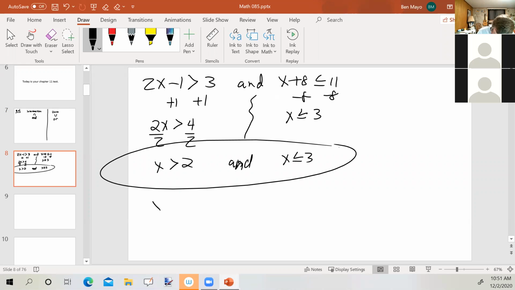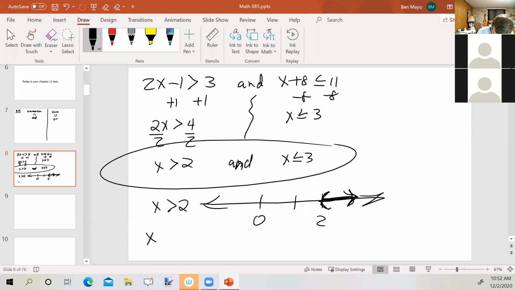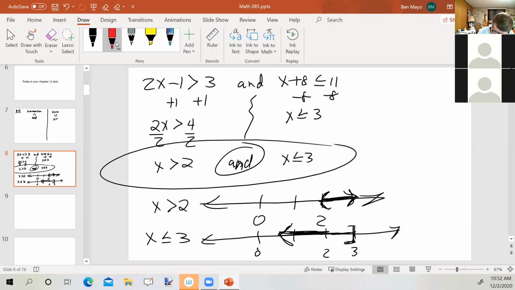Now, x greater than 2, the graph of that would be what? Parentheses, arrow going to the right. X less than or equal to 3, the graph of that would be a bracket on 3 with an arrow going to the left. But we want the intersection.